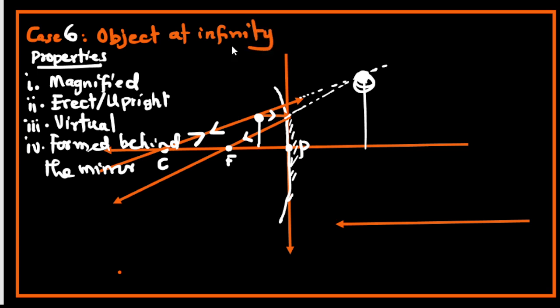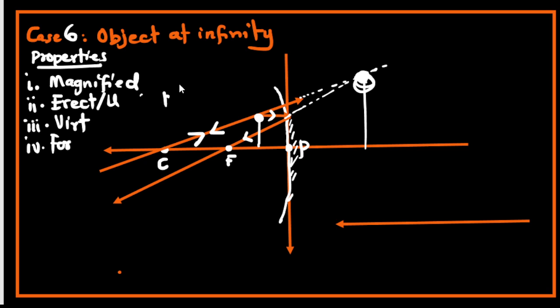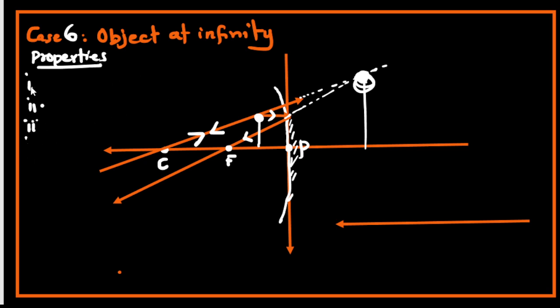So we are considering a case where an object is far away from the mirror in question, and we are looking for the possibility of the image formed by the mirror itself. Okay, so the object is not at the vicinity of the mirror.